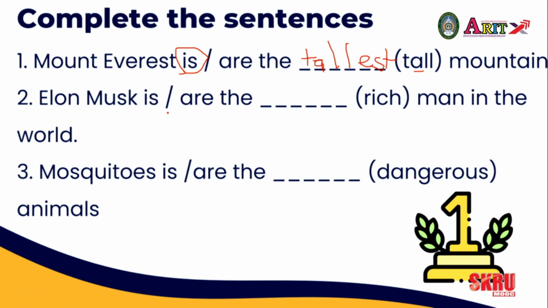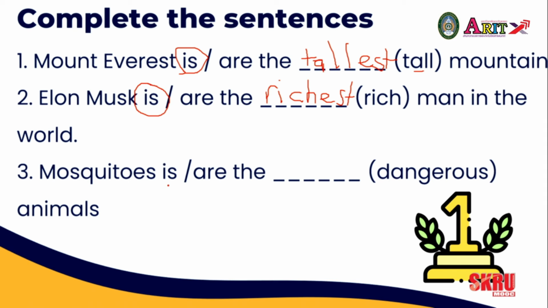Elon Musk, is or are? Again, one person, so we would say is. Elon Musk is the, and again, rich is only 1 syllable, so we're going to add est. Elon Musk is the richest man in the world.